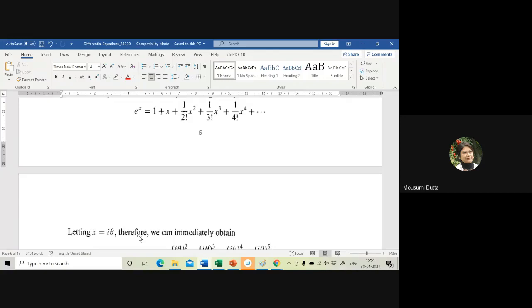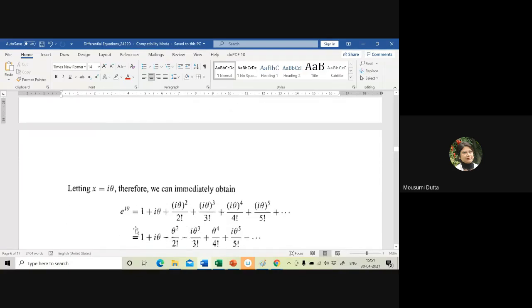So, in the above expression, that is, in the expansion of the exponential, instead of x, suppose we are considering the number i theta. So the series becomes e to the power i theta is equal to 1 plus i theta plus (i theta) whole squared by 2 factorial, plus (i theta) whole cube by 3 factorial, and so on.